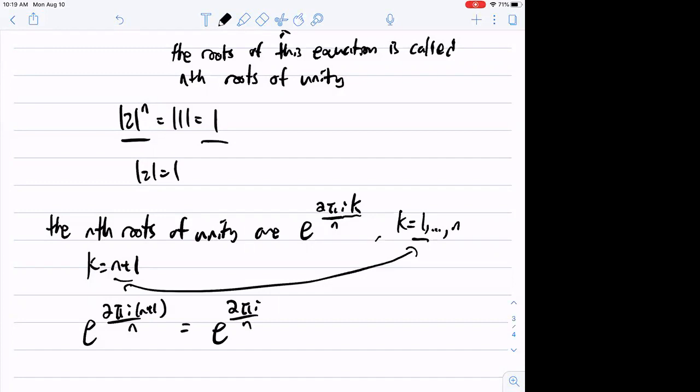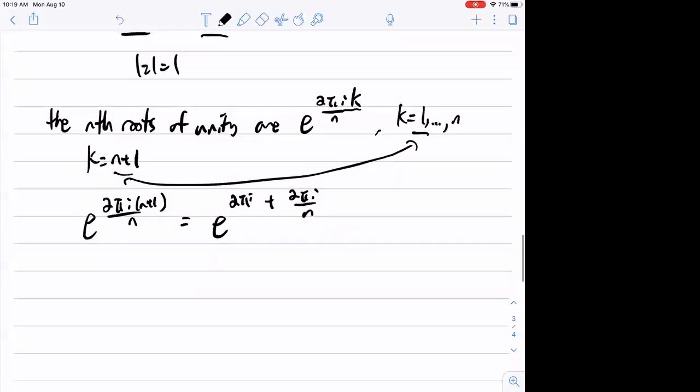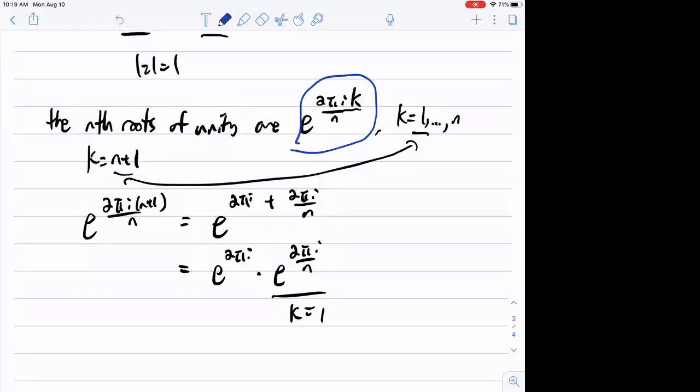If I foil, it's e to the 2 pi i plus 2 pi i over n. By the property of exponents, you get this. Now, this is when k is 1. Do you agree? Because if I plug in k equals 1, that's what I get.